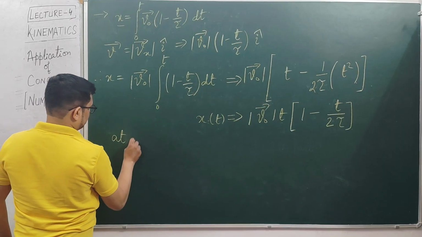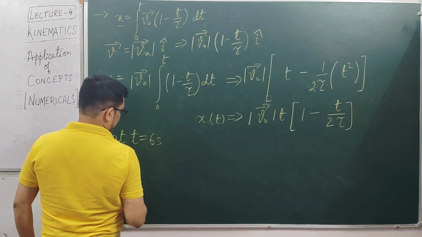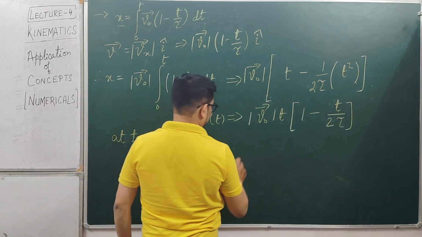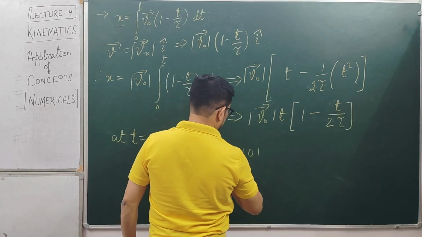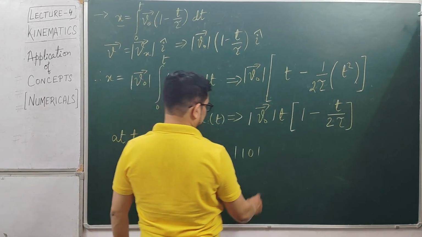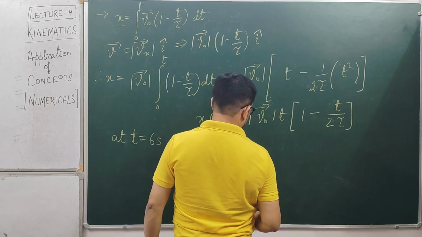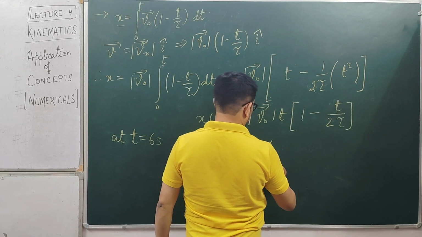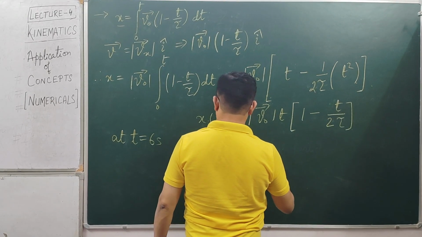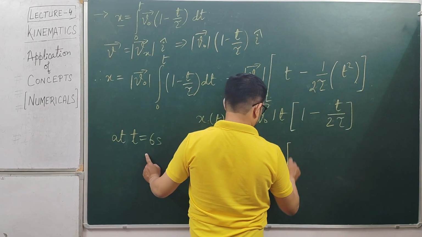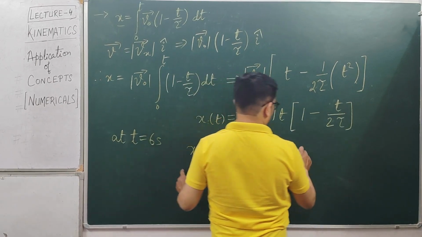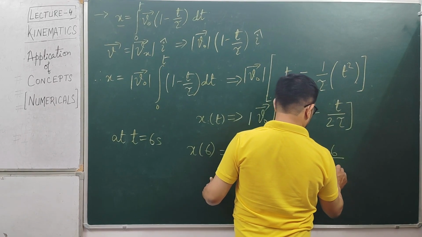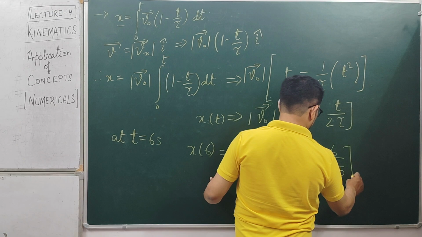So at t is equal to 6 seconds, x6 is equal to, the magnitude of this was given as 10 centimeter per second, and time is in seconds, so seconds cancel and this is centimeter. This is multiplied by 10 into 6, and then 1 minus 6 over 2 times tau, and tau was given as 5, so we can multiply here by 5.